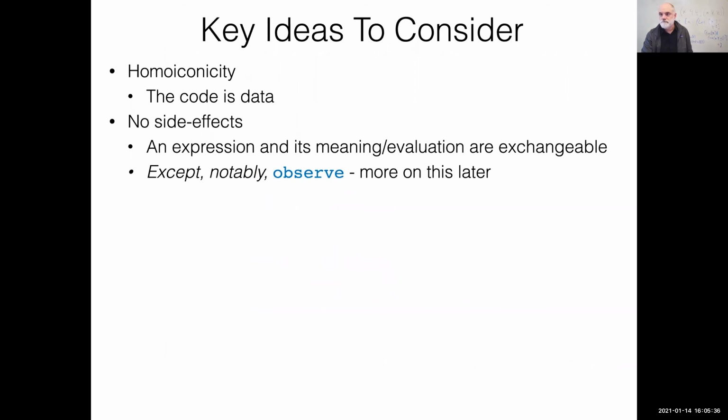Okay. Some key ideas to consider in the language: homoiconicity, the code is data, there are no side effects, an expression and its meaning. This is actually an important thing that I'm saying right now that you might not have seen before or thought about, particularly when you're a mathematician and you're used to applying the rules of mathematics in your head and not thinking about evaluating expressions.